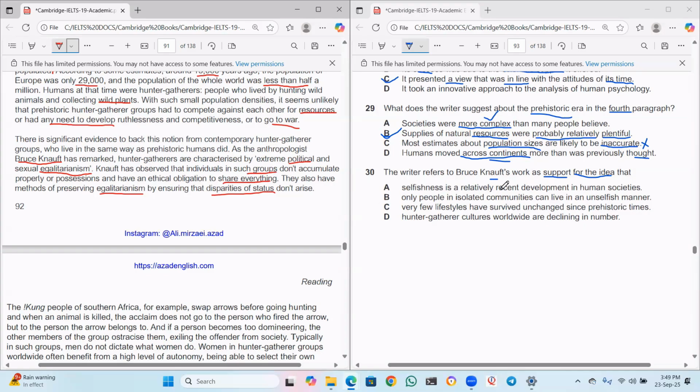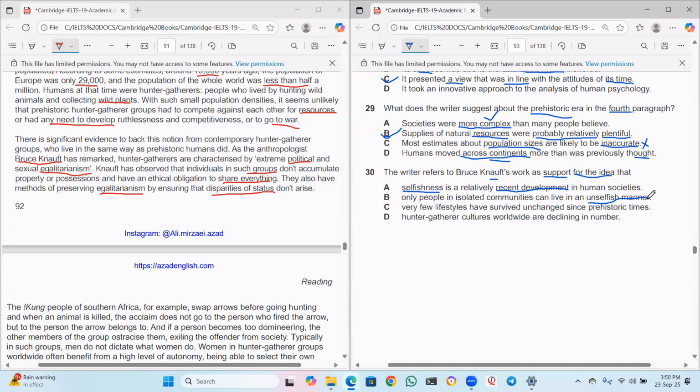Selfishness is a relatively recent development in human societies. He's talking about selfishness and that it's a recent development. Let us come back to that option. Let us keep A on hold. Go to B. Only people in isolated communities can live in an unselfish manner.